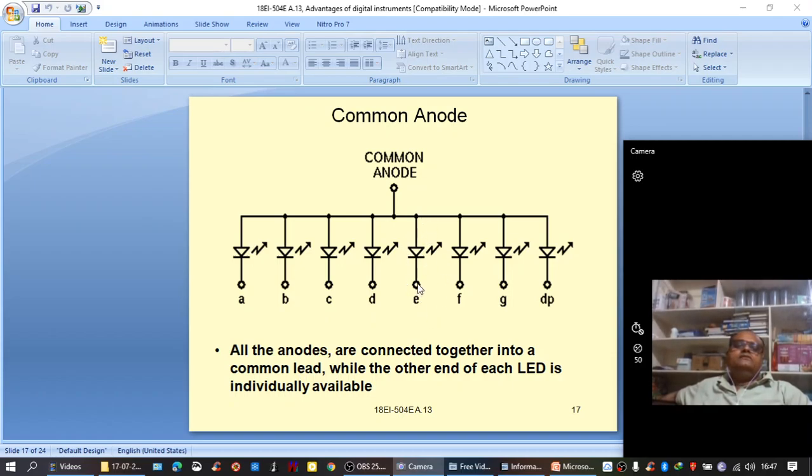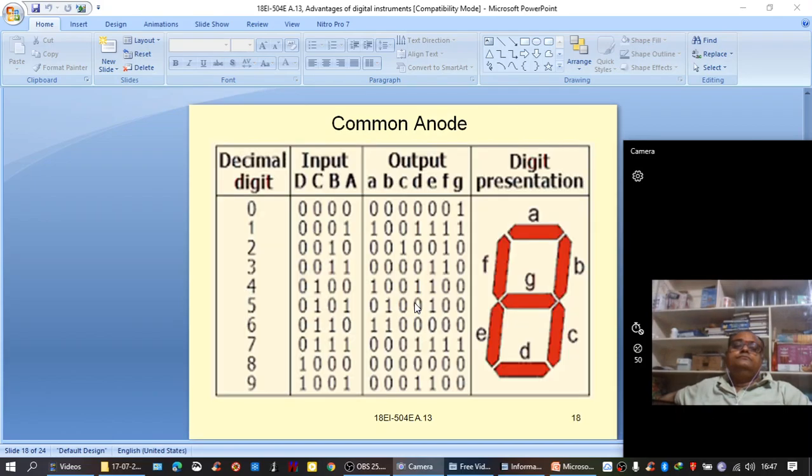Generally, LEDs will be connected either to high voltage or grounded. When it is connected to high voltage, the LED would be off, and when it is grounded, the LED would glow. So let us see the truth table once here.